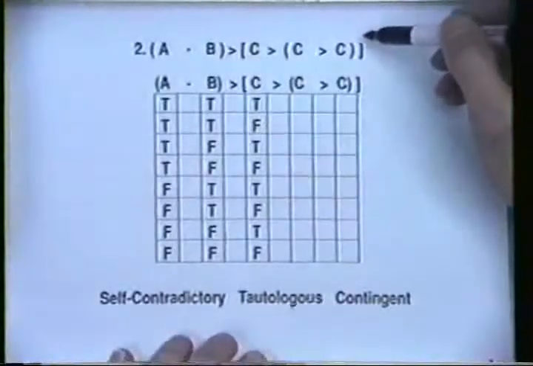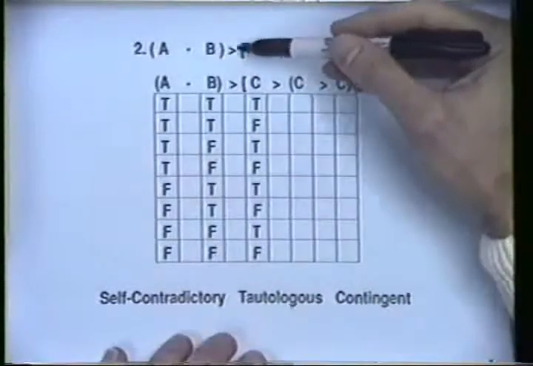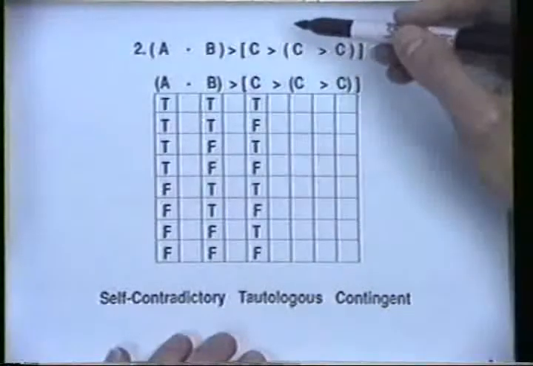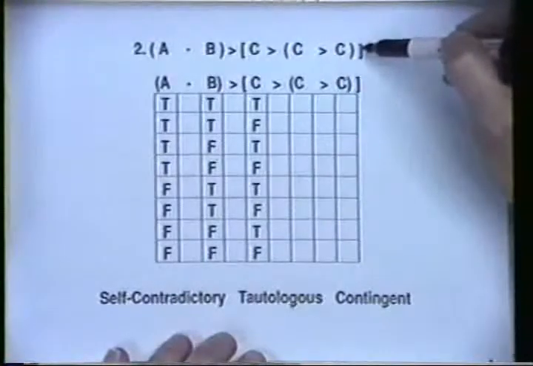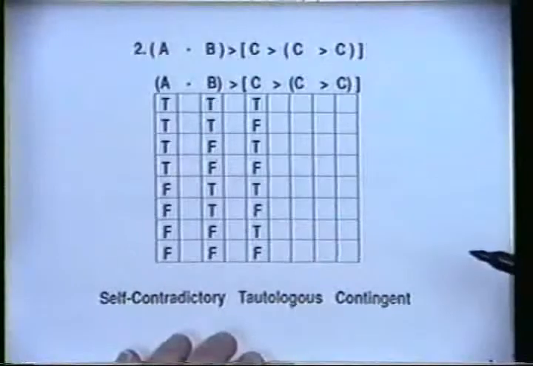So here's number 2. We have a complex conditional statement with a conjunction as its antecedent and another complex conditional as its consequent. And we need to determine if this is self-contradictory, tautologous, or contingent.